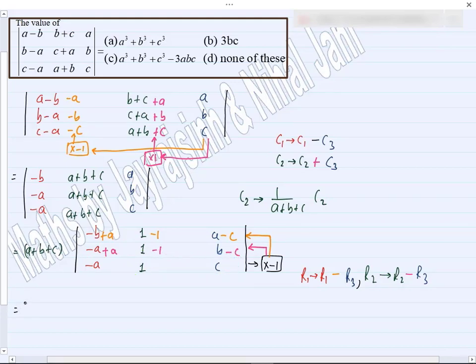So our simplified determinant will be a plus b plus c as it is, and the third row will be as it is. The first row will be a minus b, then 0 and finally a minus c. And the second row will be 0, 0 and b minus c, right?